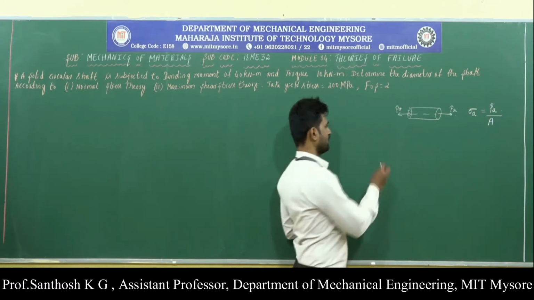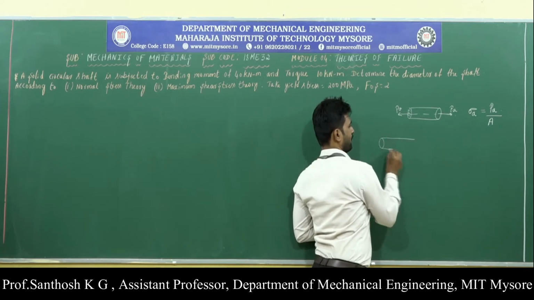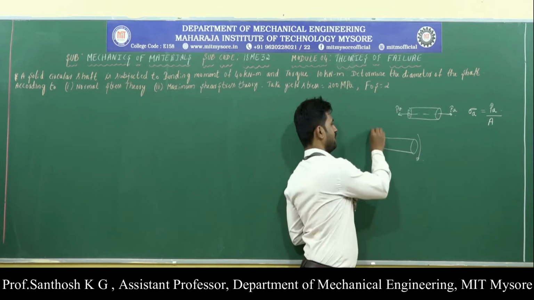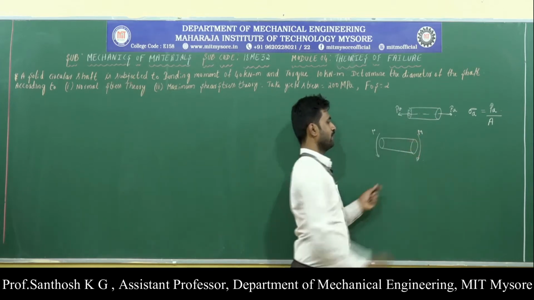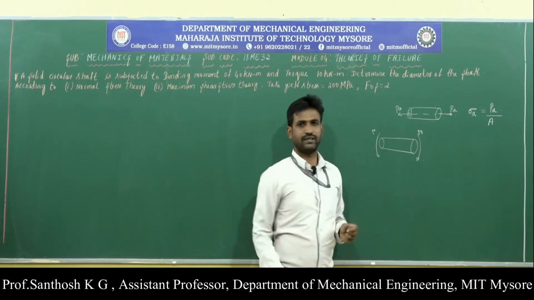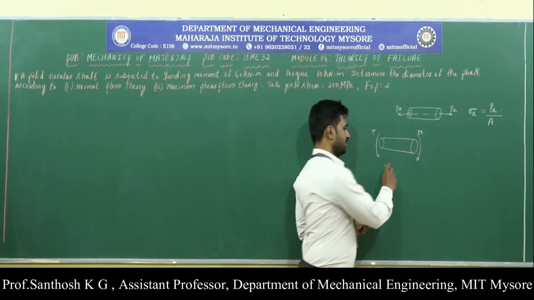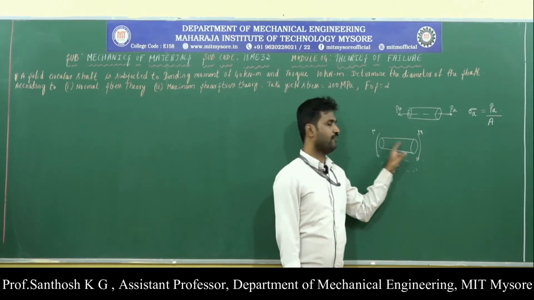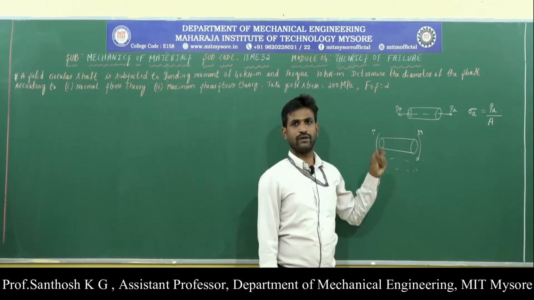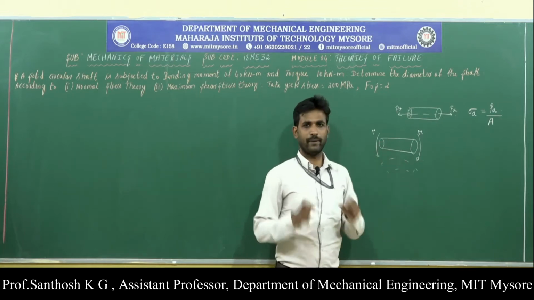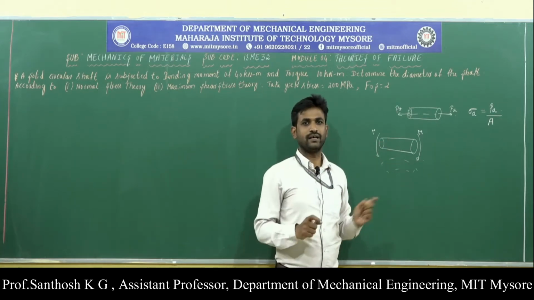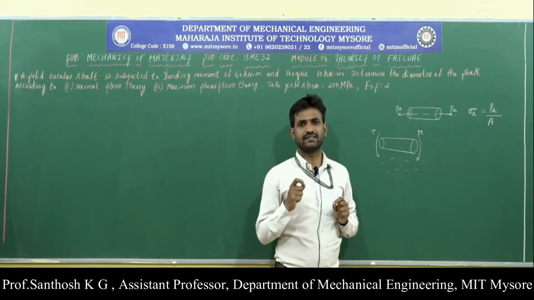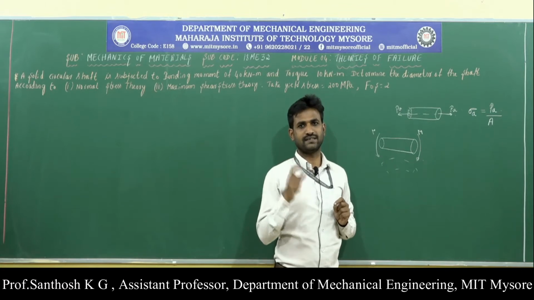So sigma a represents the normal stress due to the axial load, and it will be equal to P_A divided by A. Similarly, the given member can be subjected to a bending moment like this. If a member is subjected to a bending moment, it results in the bending of the member. Whenever under the action of a given load a member is subjected to bending, the type of stress induced in the member is called a bending stress.